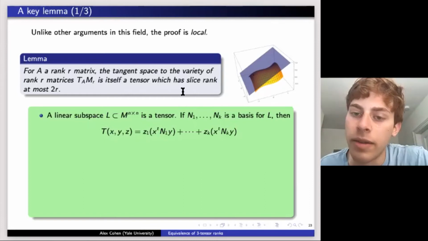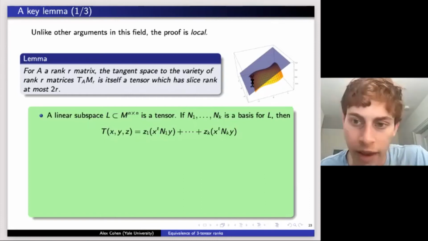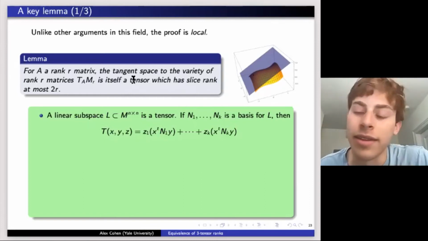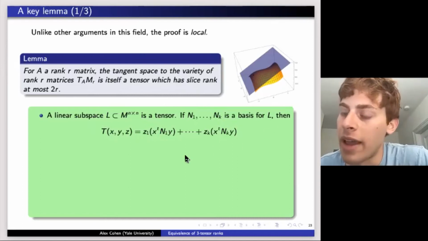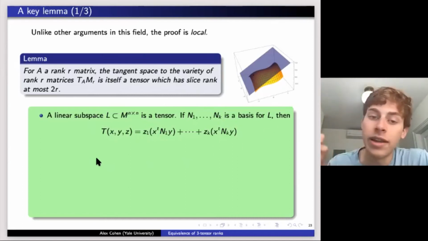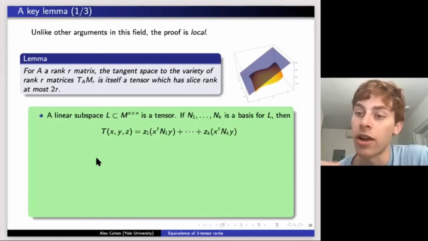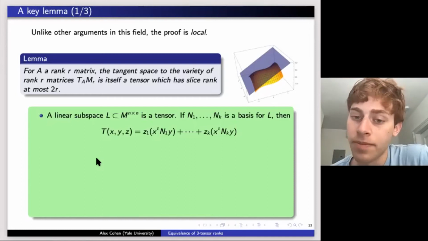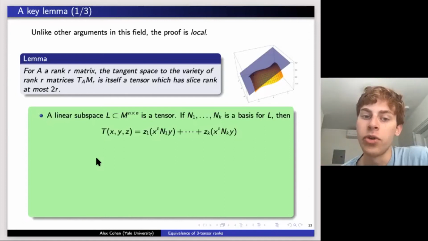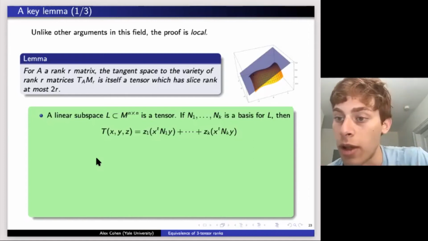Okay, so hopefully it at least makes sense what this lemma is saying now. We obtain for every rank R matrix a linear subspace of matrices, which is the tangent space to the rank R matrices, and then we can compute the slice rank of that linear subspace, and it's pretty small if R is small.